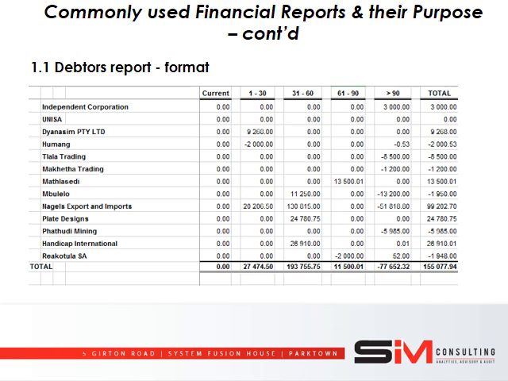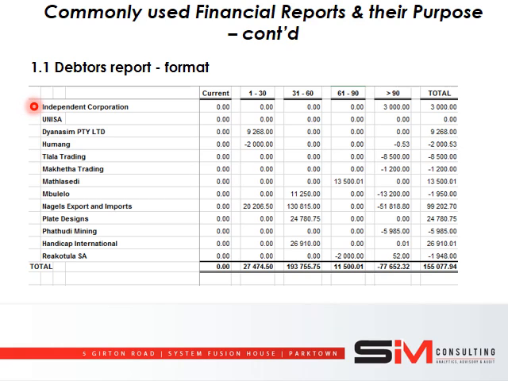Let us look at the format of the debtors' age analysis report. First, I want us to look at the names of the companies. You can see from this report, it clearly stipulates the names of the people that owe your company money.